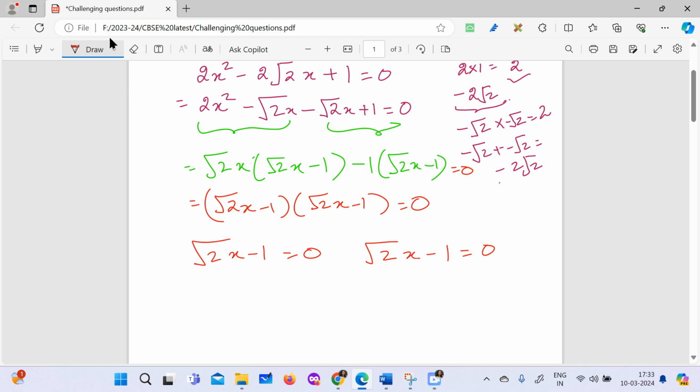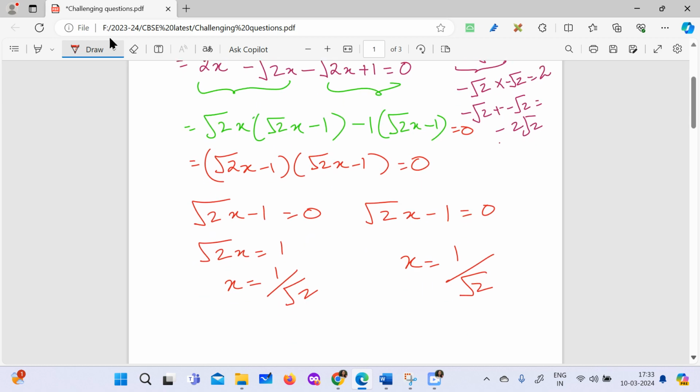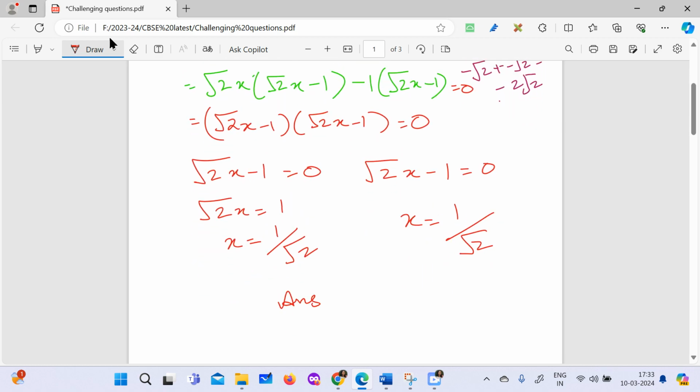So we can say that root 2x equals 1 and x is equal to 1 over root 2. Same thing here, x is equal to 1 over root 2. So this is our answer. I hope this is clear to all of you. x is equal to 1 over root 2 and 1 over root 2.